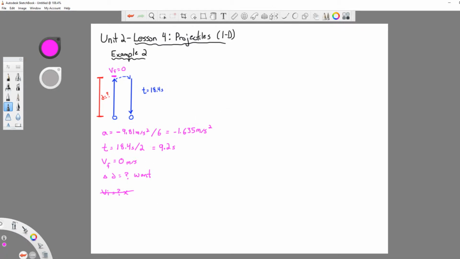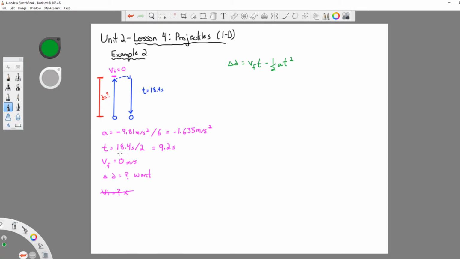Okay, let's find an appropriate formula. This question has quite a nice formula that's going to do some canceling. It makes our work real nice. The formula that fits this is delta D is equal to VFT minus 1/2 AT squared.